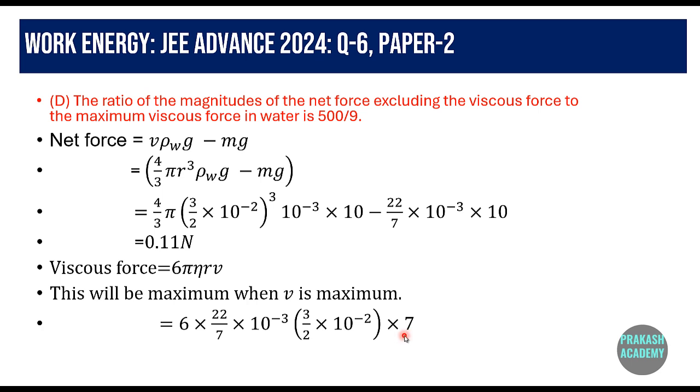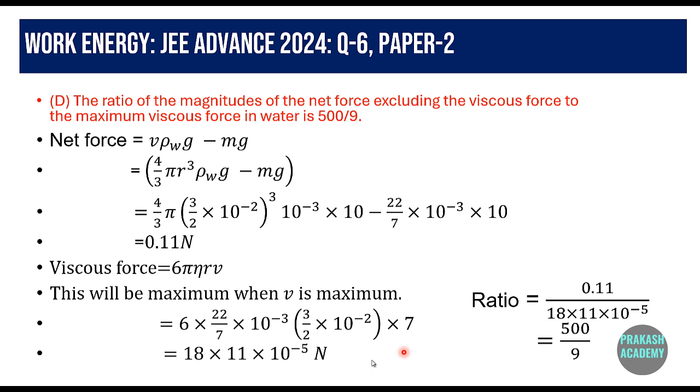Now eta is given, so this is 6, pi, eta, r and v. If we plug in all these values, we can calculate the corresponding viscous force, which is equal to 18 into 11 into 10 to the power minus 5. If we take the ratio, 0.11 divided by this value, it is equal to 500 by 9. So this option is correct. So option D is correct.